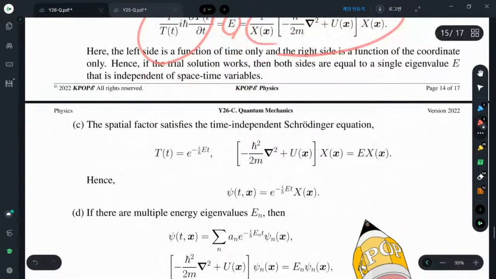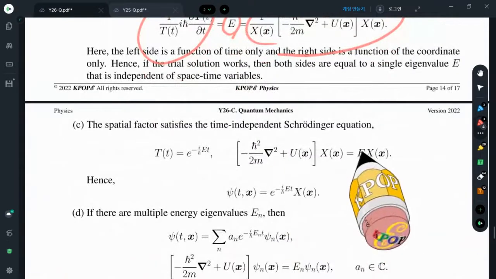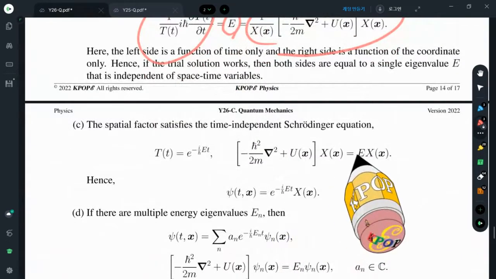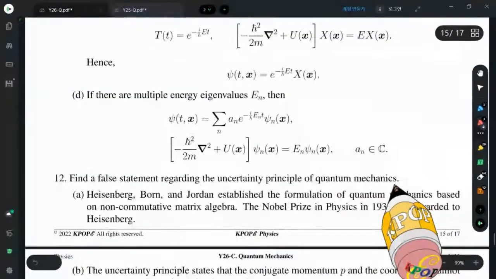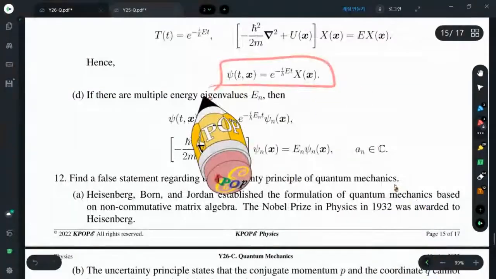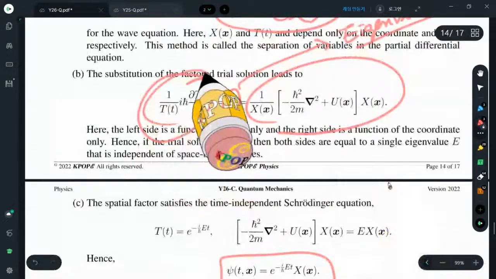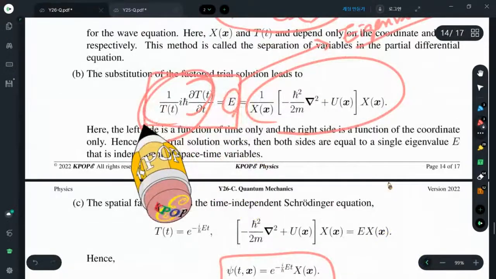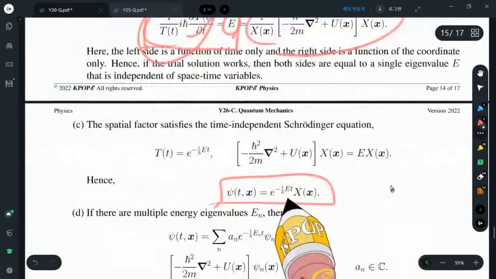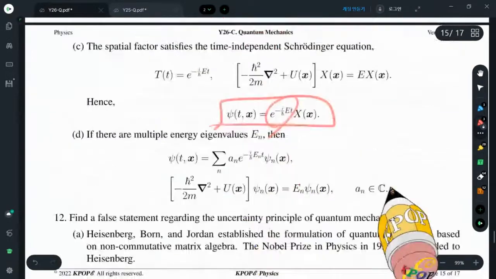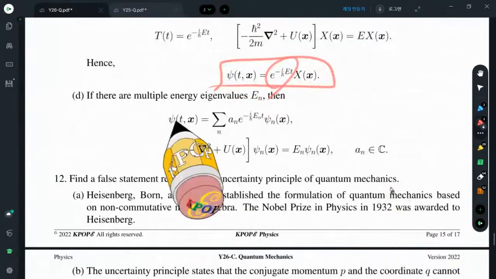Now that is identified to be the total mechanical energy of the system, and the solution is finally expressed in terms of this. Because the time part is a trivial first-order equation whose solution is this.